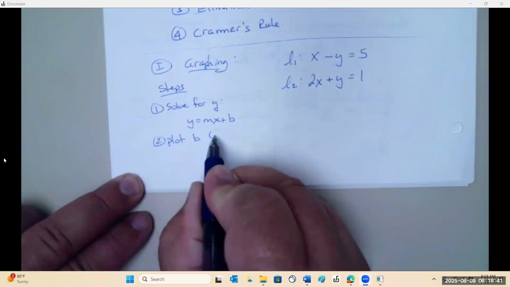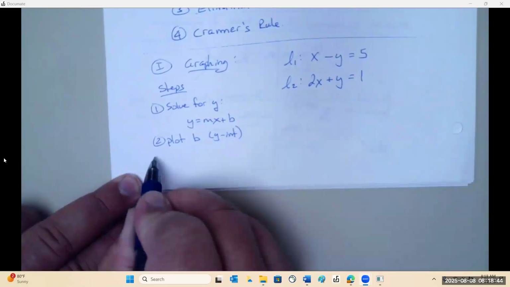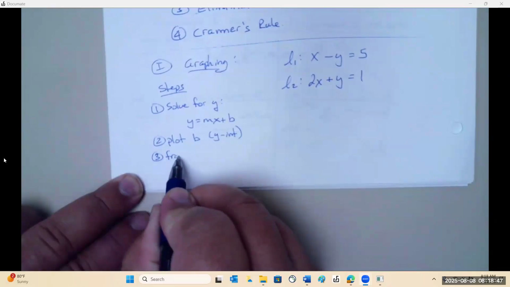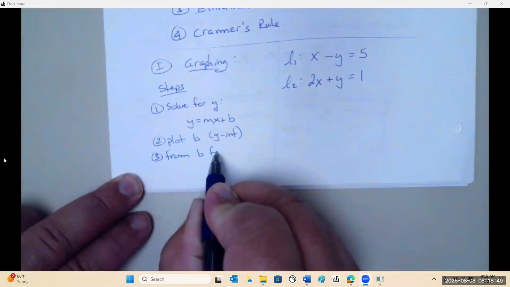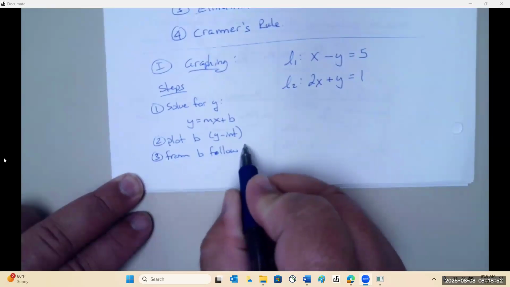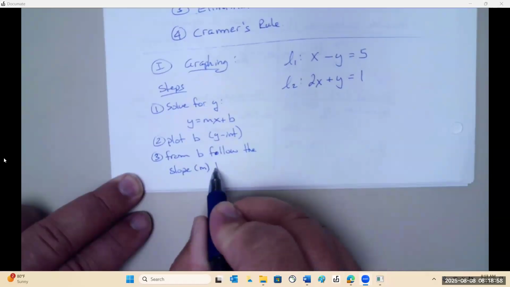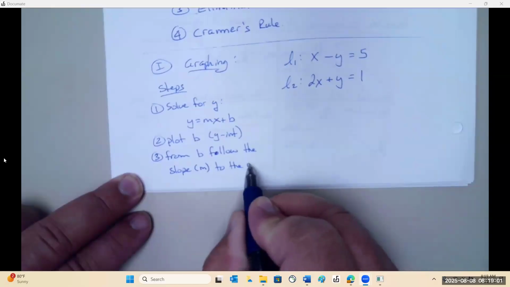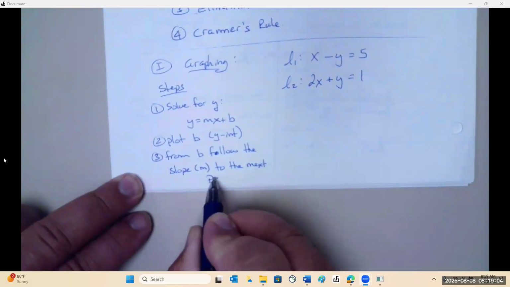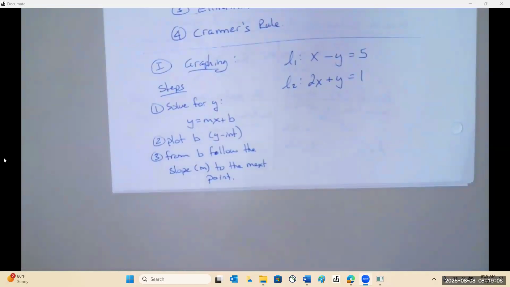Plot b, the y-intercept, and from b, follow the slope m to the next point. So let's do that.